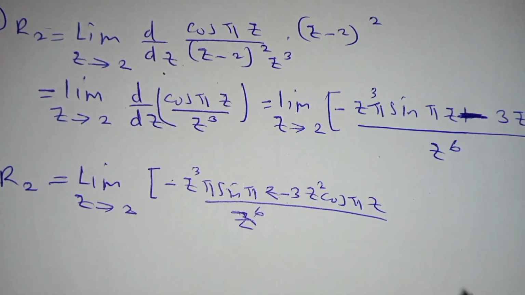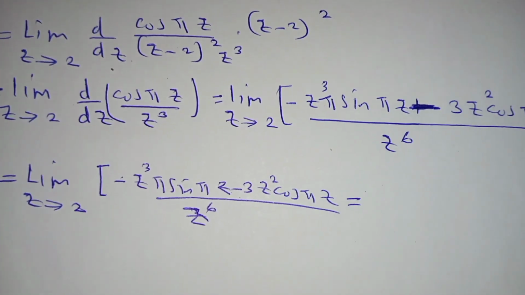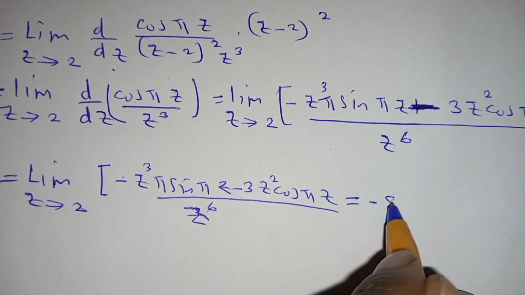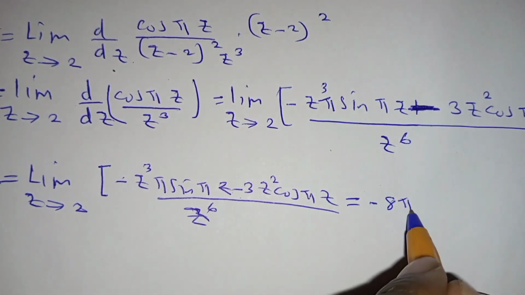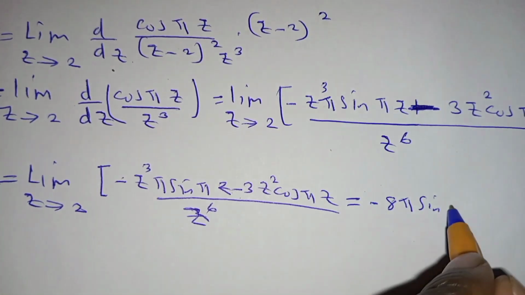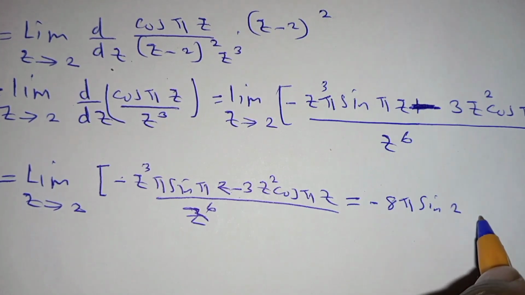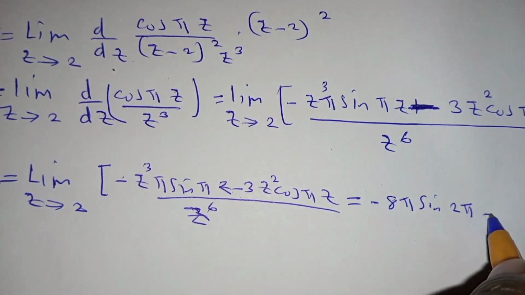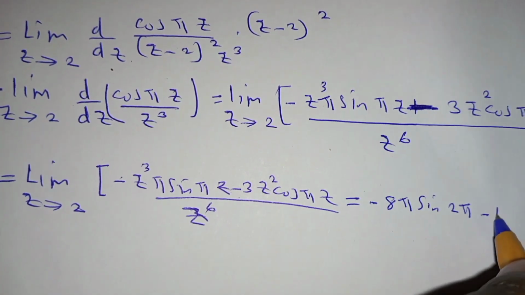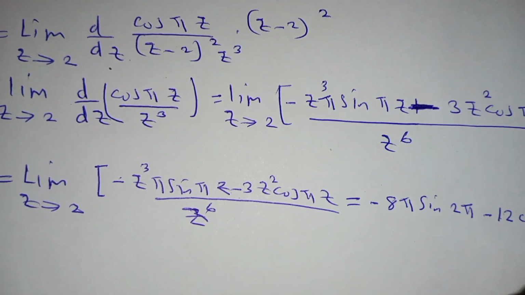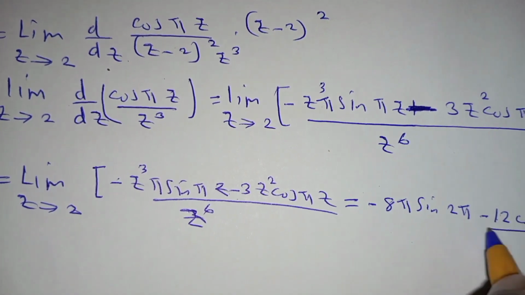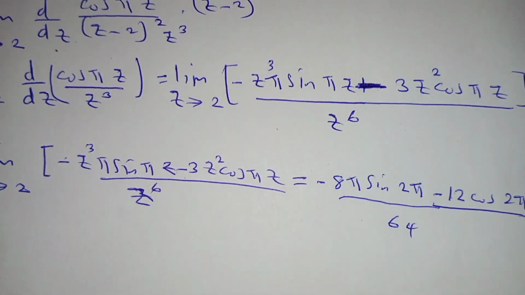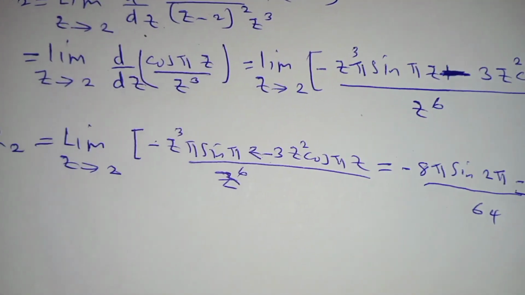We can substitute the value of z to obtain the following: negative 8 pi sine of 2 pi minus 12 cos of 2 pi divided by 64 after substituting the value of 2.